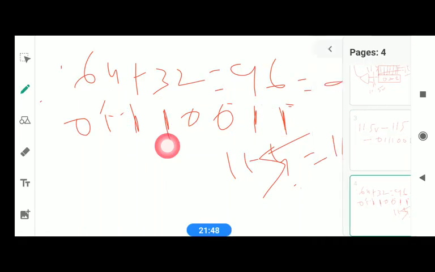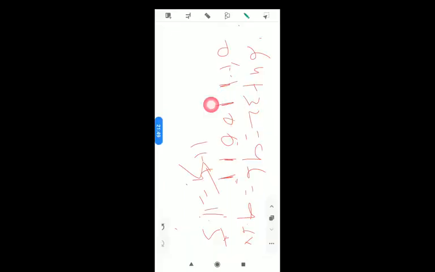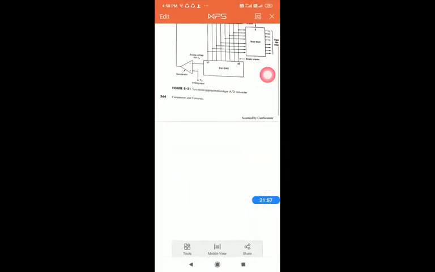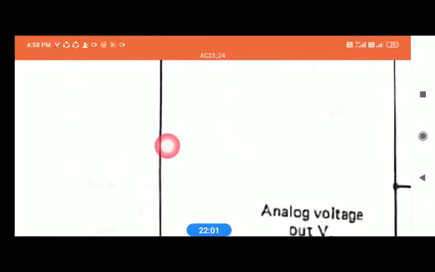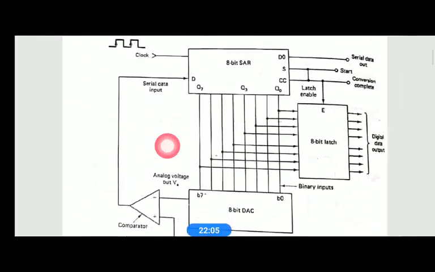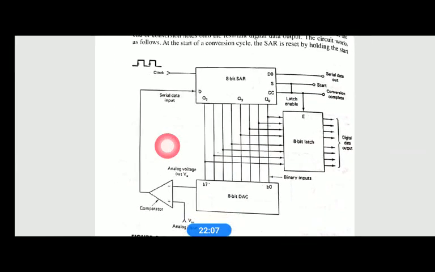So therefore we can say that clearly here for a SAR, you can see the SAR here. So here we will get our digital output.